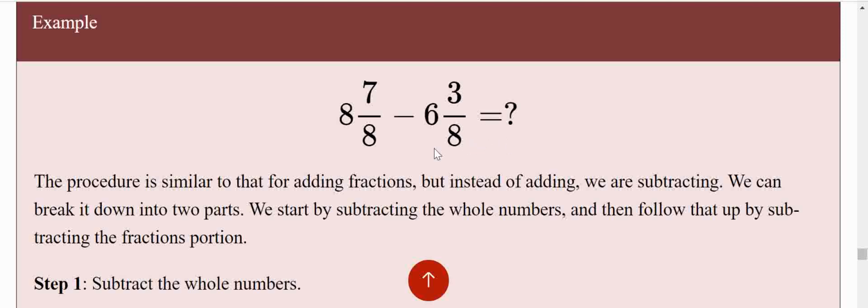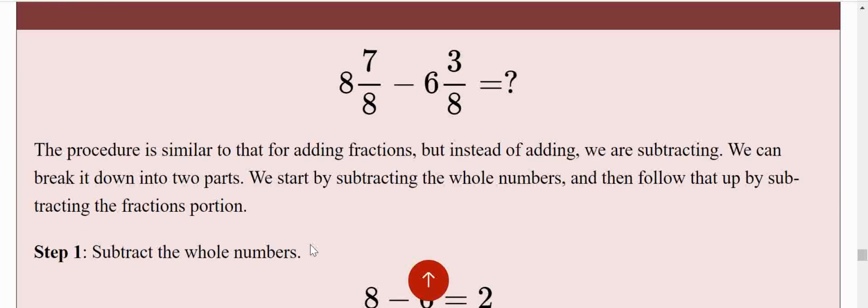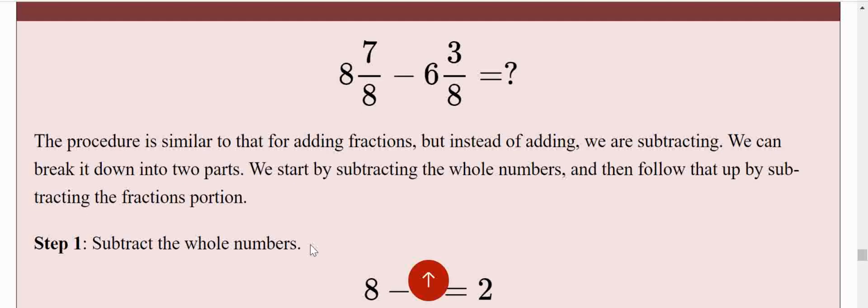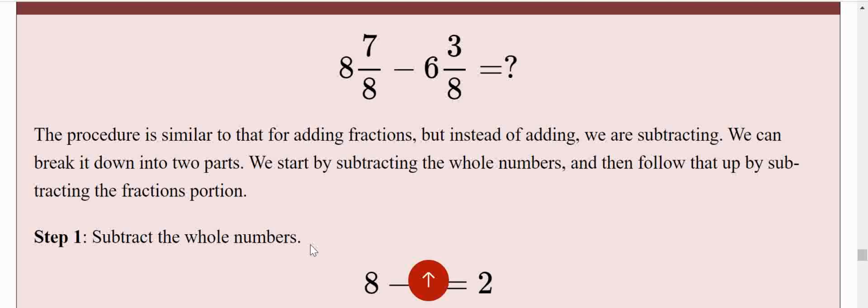That's equal to... The procedure is similar to that for adding fractions, but instead of adding, we are subtracting. We can break it down into two parts. We start by subtracting the whole numbers, and then follow that up by subtracting the fractions portion.